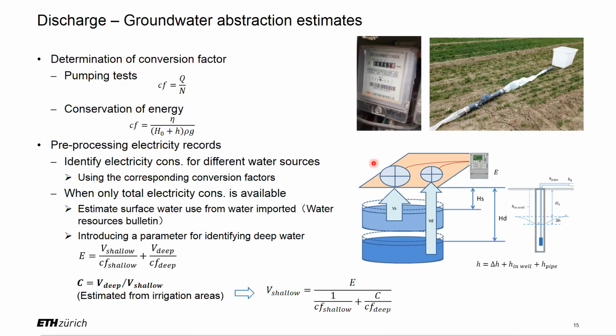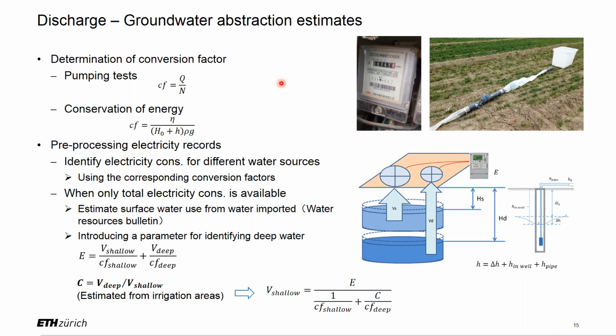To refresh your memory from yesterday, I will briefly introduce how we determine the conversion factor. We do the pumping test to get the conversion factor at the present water level.